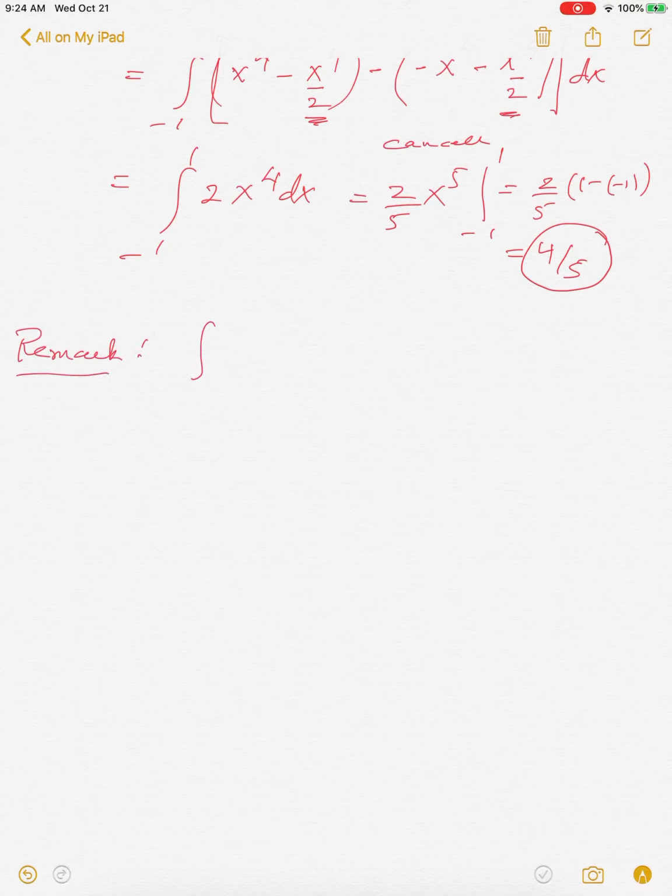Remark: the double integral over D of f(x, y) dA equals the volume, just like in one variable the integral from a to b of f(x) dx will be the area of the region below the graph of f above the x-axis.